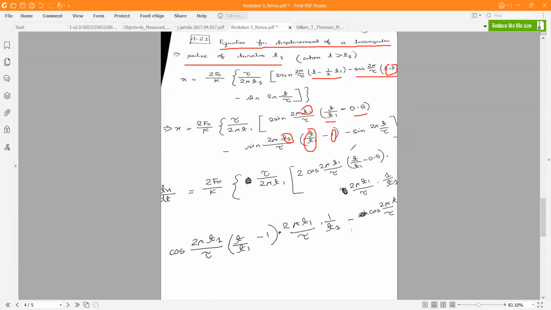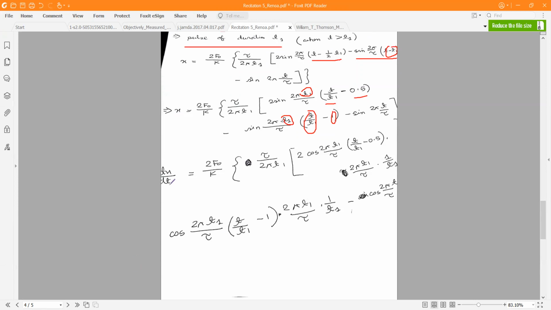Now, since we are going to compare our equation for the peak response, we know that when x is equal to x max, dx over dt is going to be 0. So next we are going to find the expression for dx by dt by differentiating the equation of x.